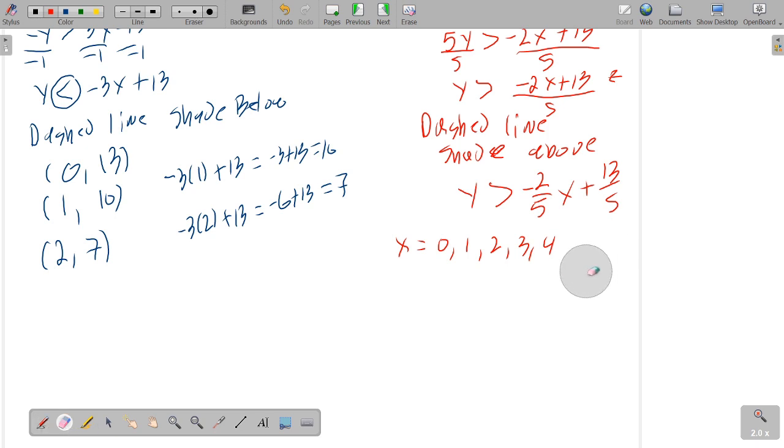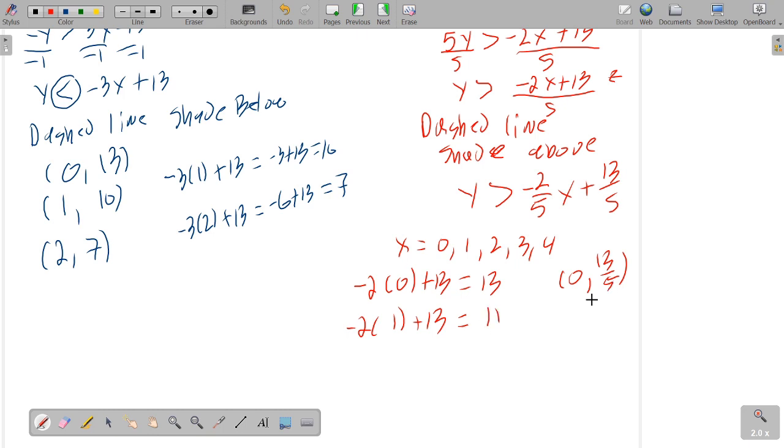Don't need 5. So we get negative 2 times 0 plus 13 is 13. So we'll get (0, 13 over 5). Negative 2 times 1 plus 13 is going to be 11, so 11 over 5.